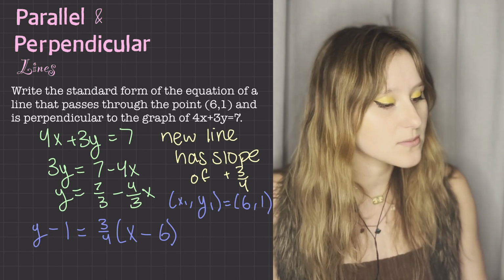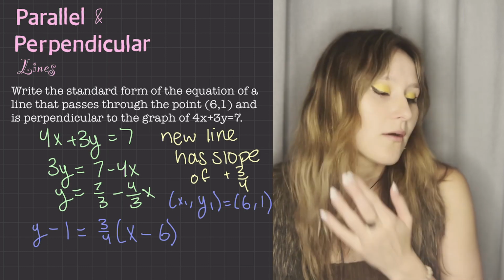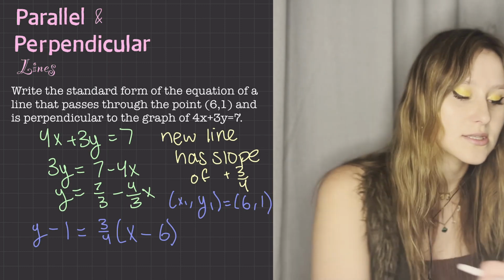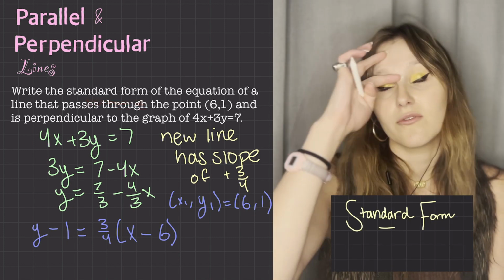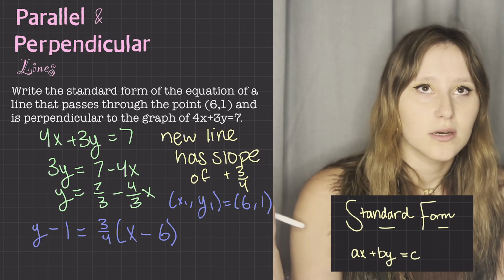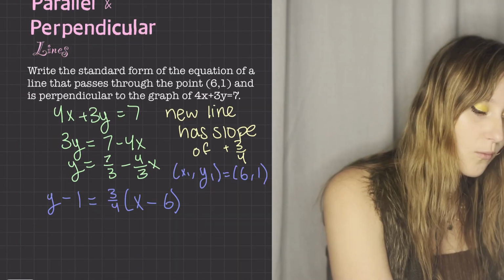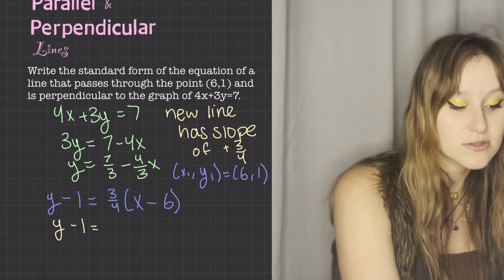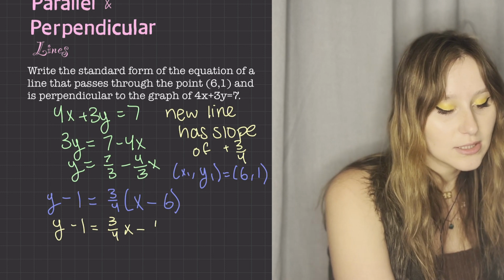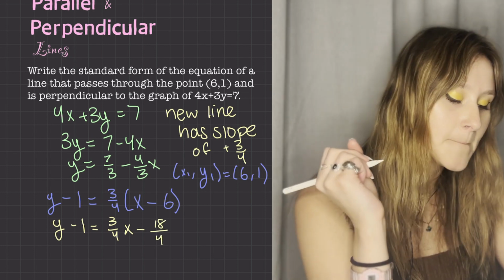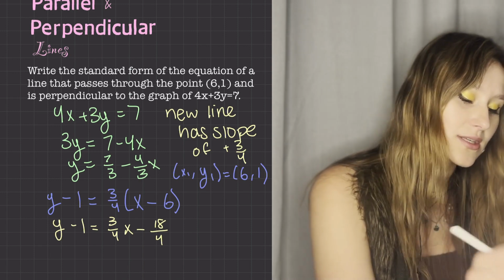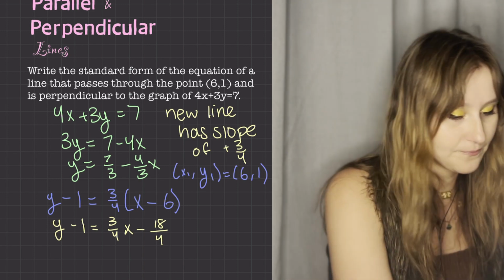Then we have to do some algebra to get to where we want to be. Make sure we're paying attention to the directions here. It says that we are finding the standard form. Standard form would mean that it is ax plus by equals c, something like that. So y minus 1, I'm going to distribute this: 3/4 x minus 18 over 4. Then I'm going to move the x to the other side and the minus 1 to the right side.